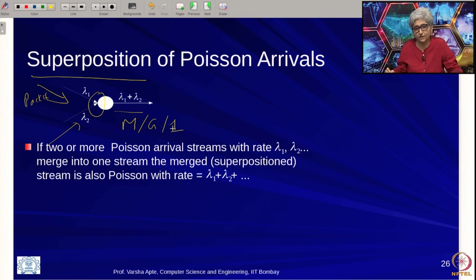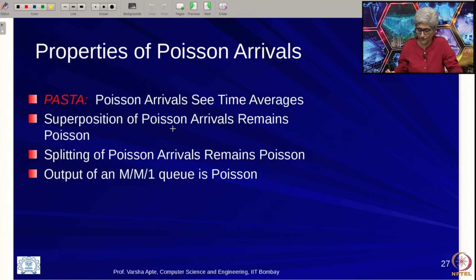The last property is this one: the output of an MM1 queue is Poisson. So, you can see these are all properties about Poisson arrivals. First one was that Poisson arrivals see time averages, that is very very useful. We do not have to do different mathematics in terms of what an arrival sees in the system on arrival versus at any other time.